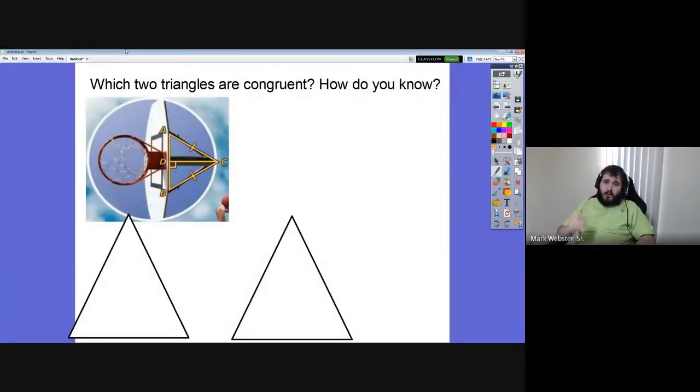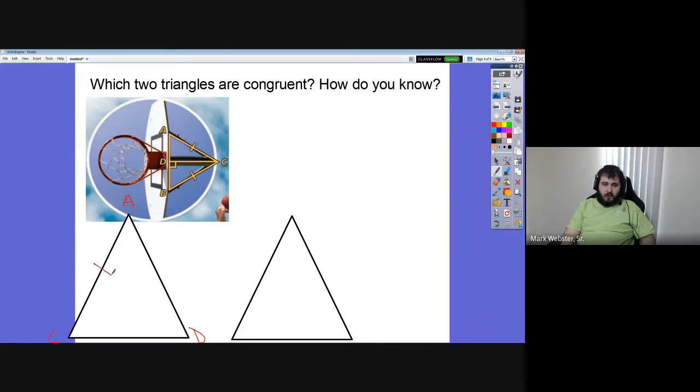So we want to know which triangles are congruent, and how do we know? What's going to help us is to transfer our information just like we've done in all the other ones, right? Well, we've got A, C, D. Let's fill this one out first.